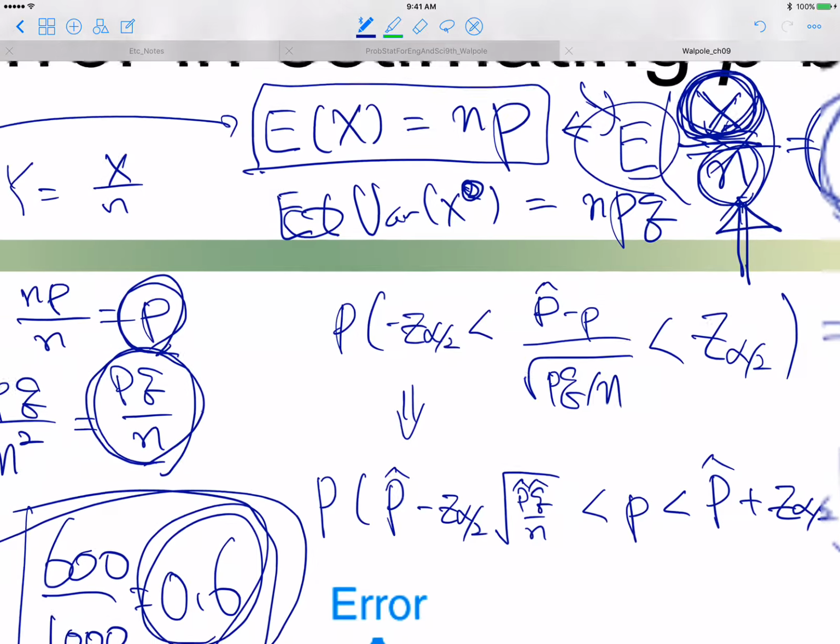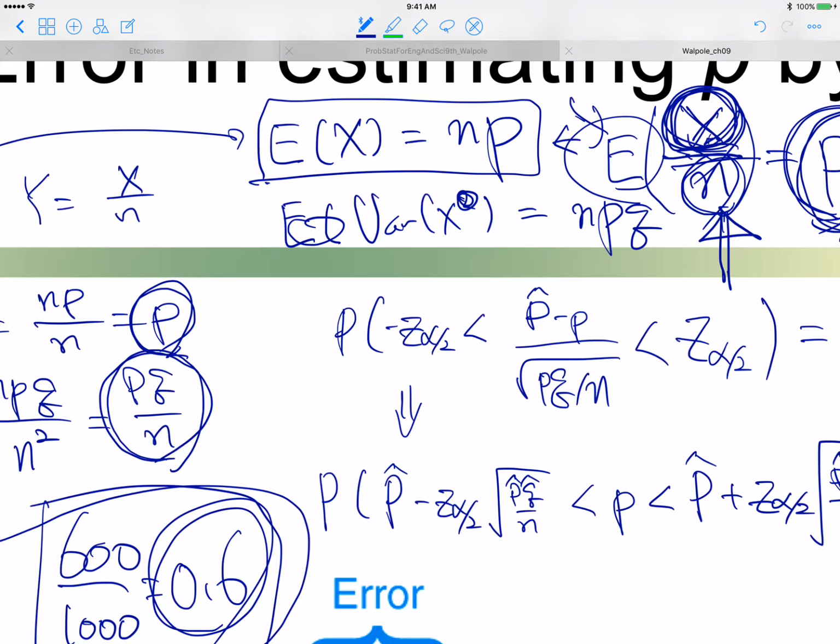And so we can construct the interval estimate. In order to estimate the true p, consider this confidence interval, which involves the difference between the estimated value p hat, defined as x over n, and the true value p.